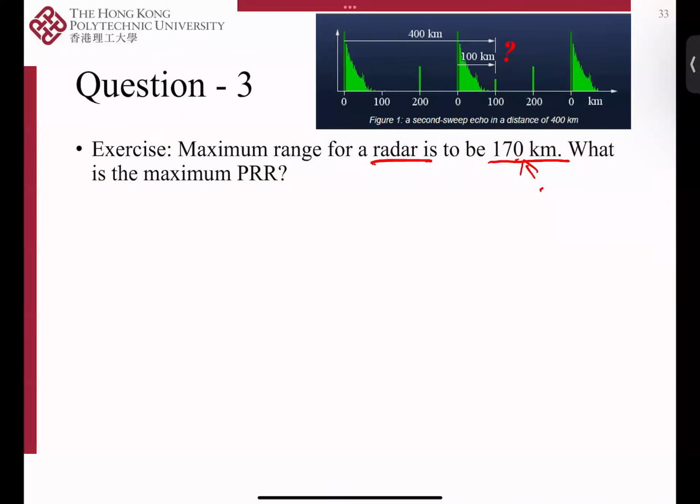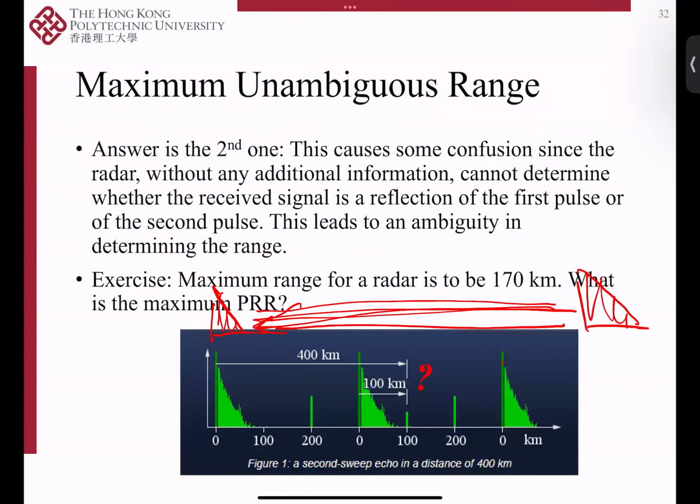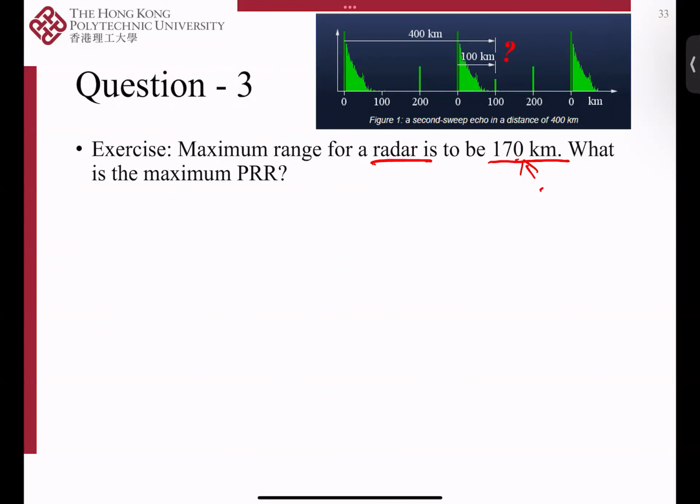We first need to know how long our signal will be propagated. A longer propagation signal can be fit into a longer gap in between, so we need to calculate that. We have 100 kilometers, but this is only one way.